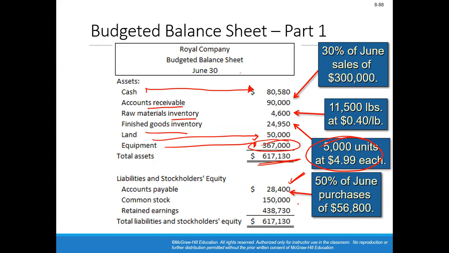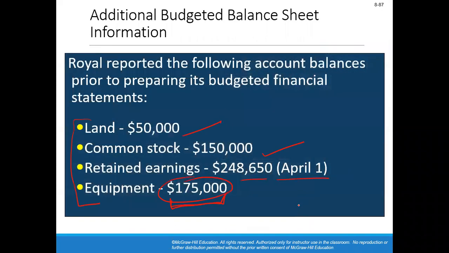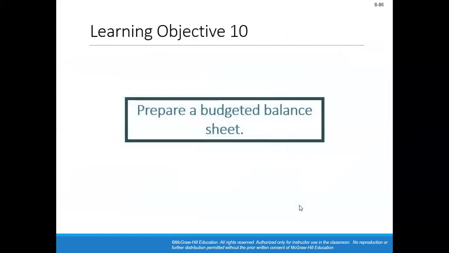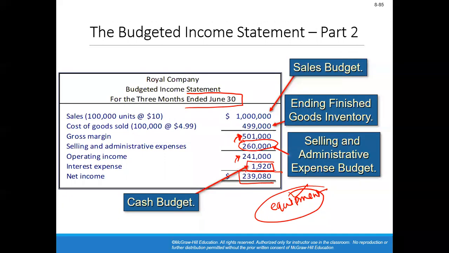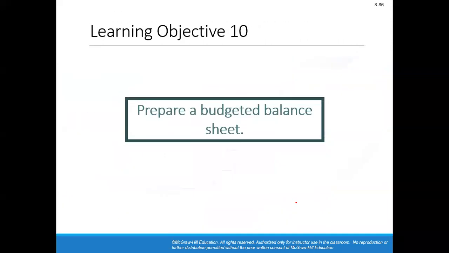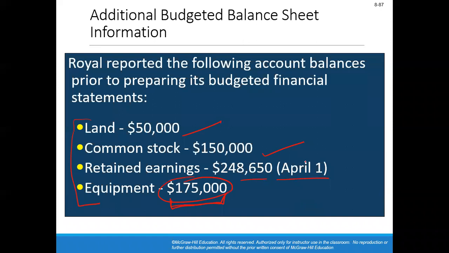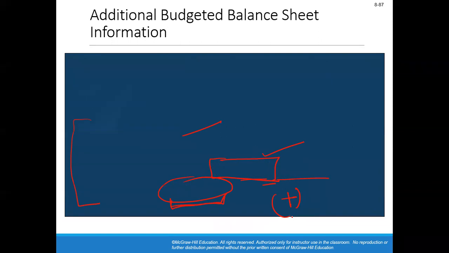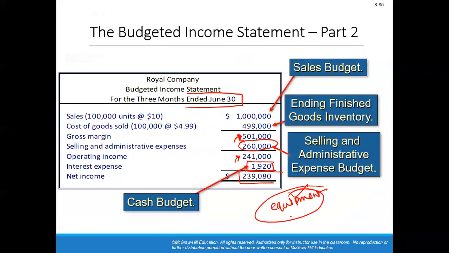You can understand how retained earnings is calculated from your financial statements analysis or financial reporting courses. We need to have the beginning retained earnings, which is here, right? Then we have to add what? We have to add what? This one, net income.